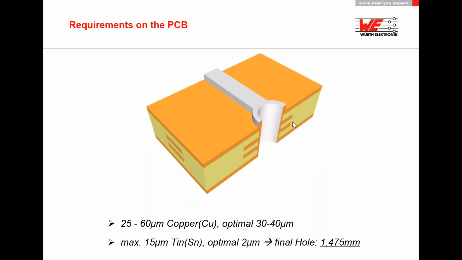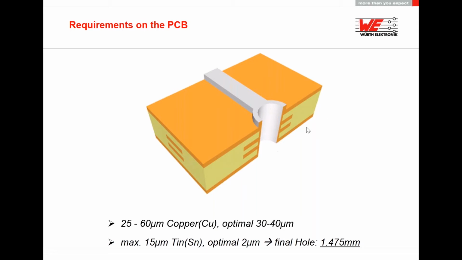And after we got copper into the plated through hole, we also need plating for protection of the copper. And there are different platings possible, like gold plating or tin plating. For the press fit technology, the best is chemical tin.